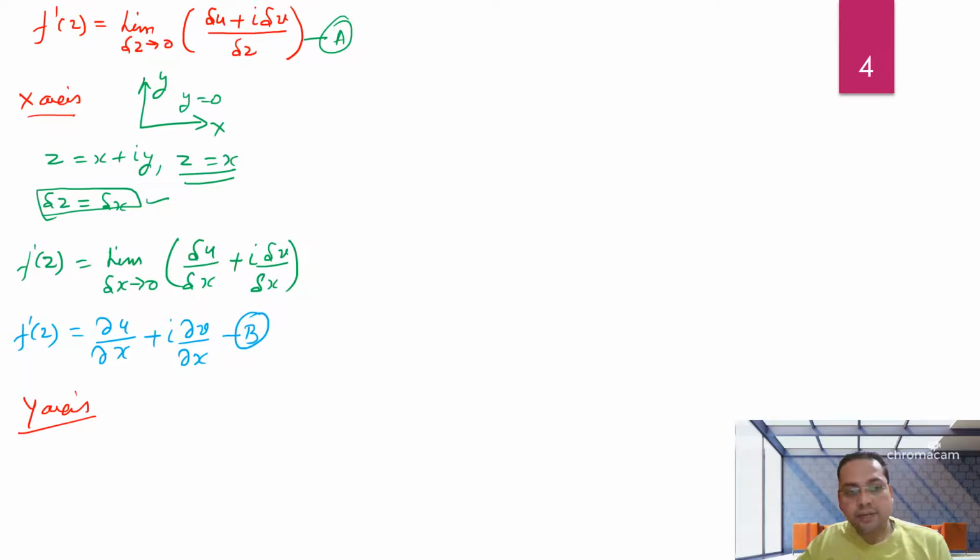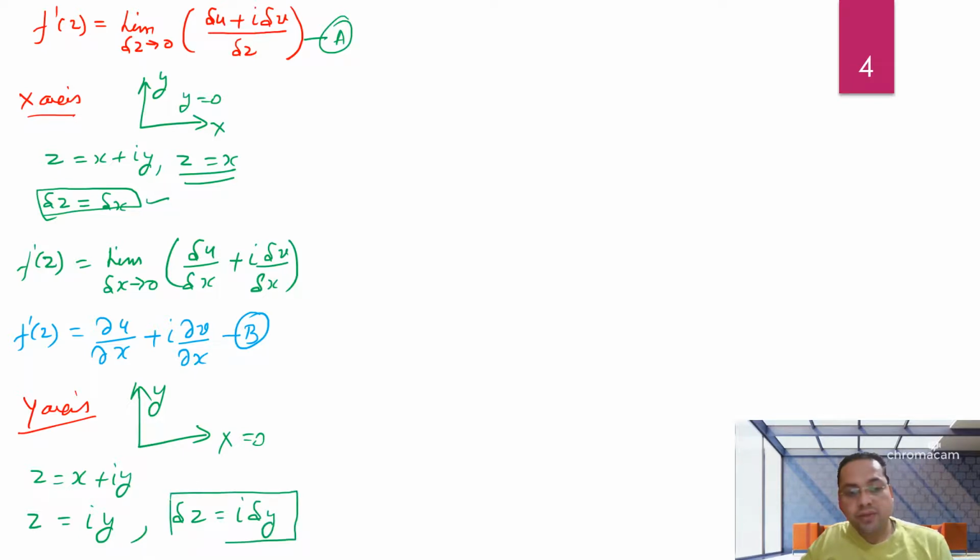Now again we are considering the y-axis. For the y-axis, we have to consider x is equal to 0. So z is equal to x plus iota y is converted into z is equal to iota y. So delta z is equal to iota delta y.